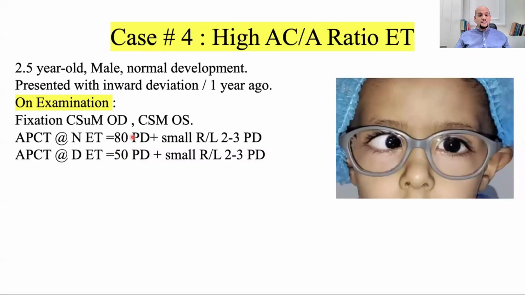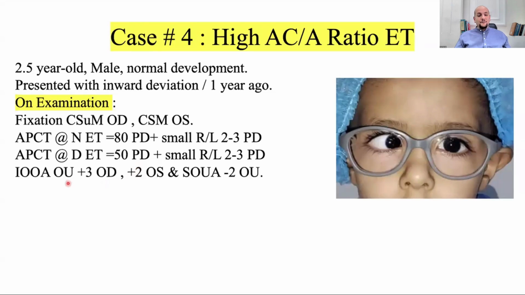That huge difference between near and distance measurement, 30 prism diopters, means the patient had a high accommodative convergence per accommodation ratio. He had something called convergence excess esotropia, or high AC/A ratio esotropia.